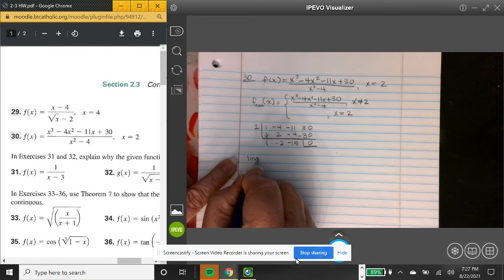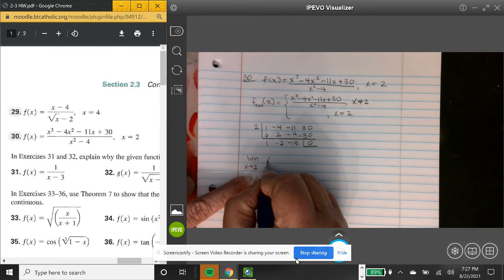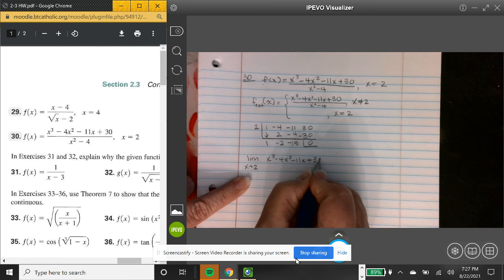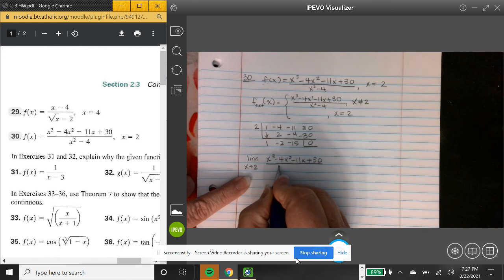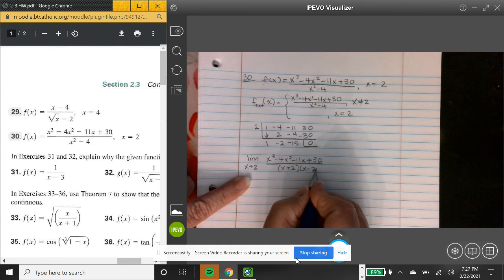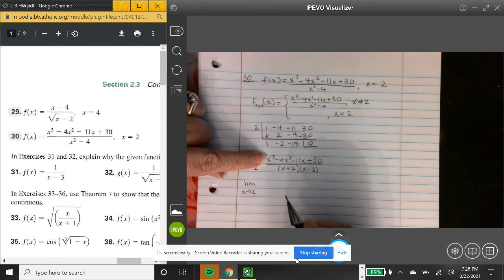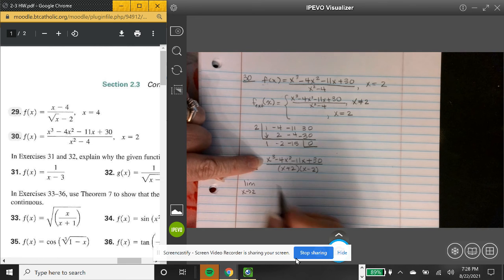So here we go. The limit as x approaches 2 of x cubed minus 4x squared minus 11x plus 30 all over x plus 2 times x minus 2. I'm going to factor that right away. Now, I already divided 2 into this, so this is going to be the factor of x minus 2.